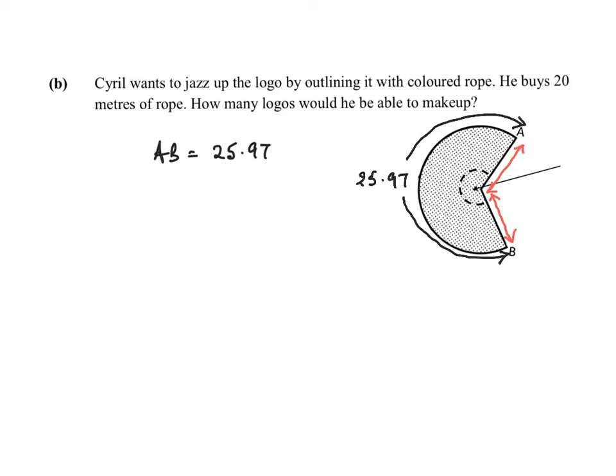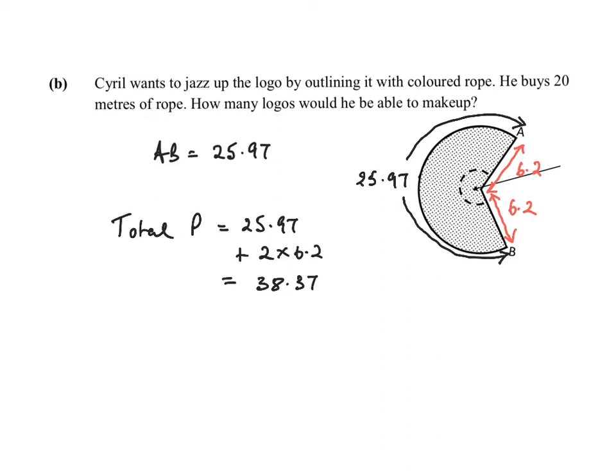Now each of these lines is a radius, 6.2. So what we have then is a total perimeter, which gives us 38.37.